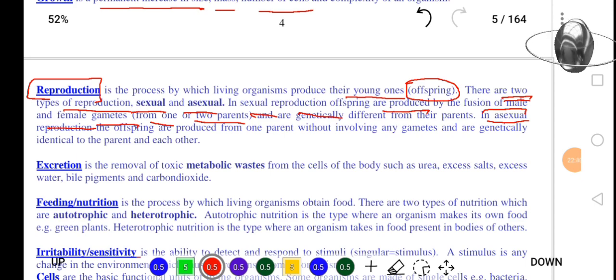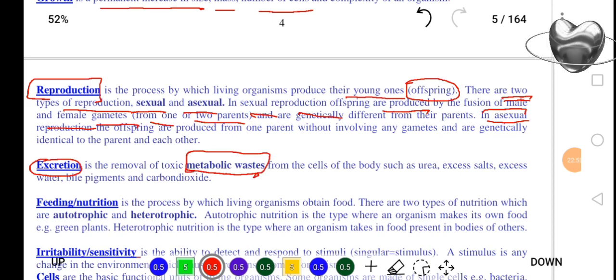Excretion. The removal of metabolic wastes. You need to understand, when we are talking about metabolic, we are talking about the reactions that take place inside the living cell.